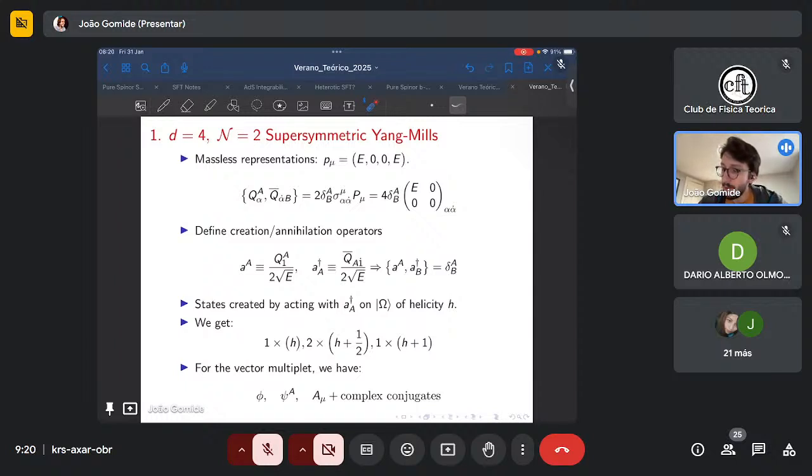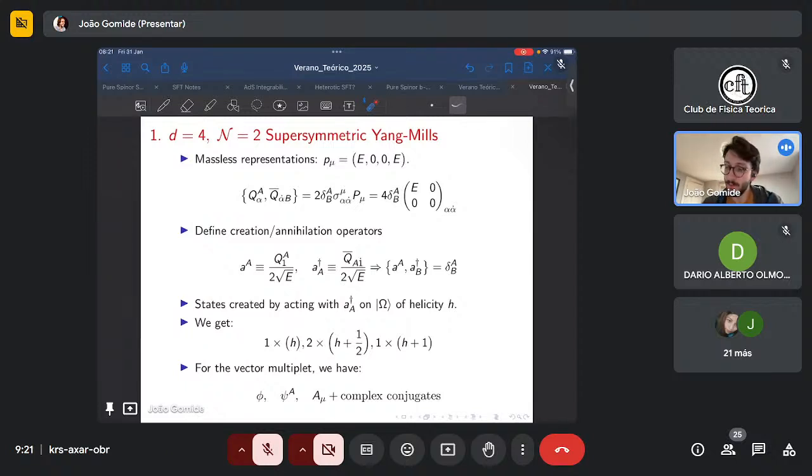And from that, we see that this relation is only non-zero for the first entry, so for example alpha and alpha dot being equal to 1. And for those specific indices, this is precisely the algebra for creation and annihilation operators.